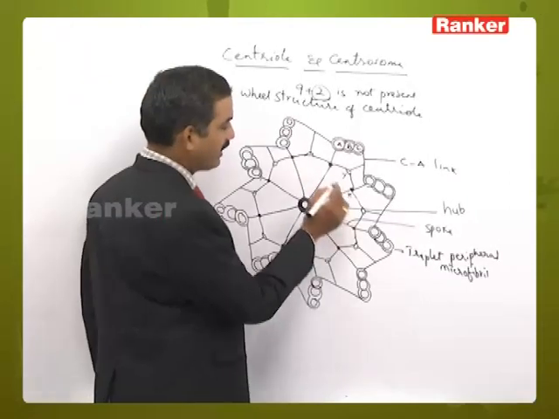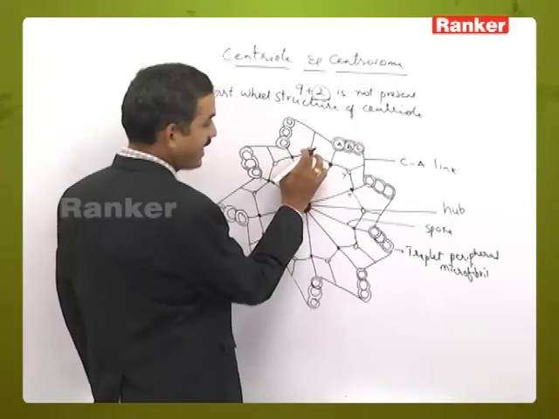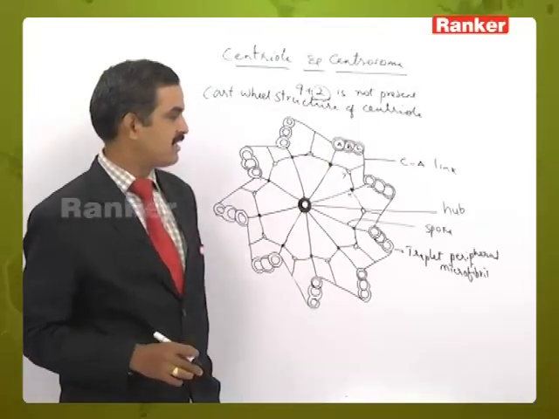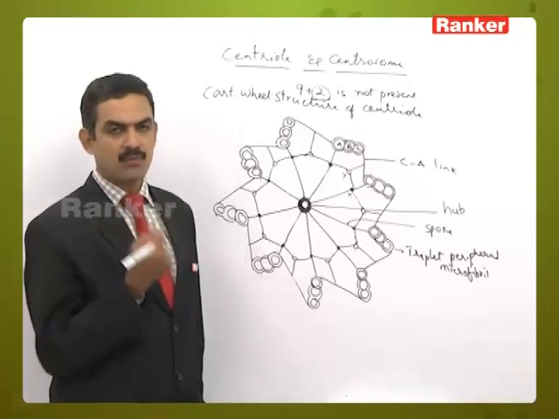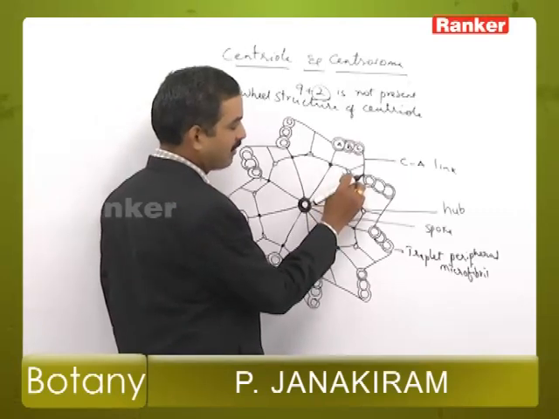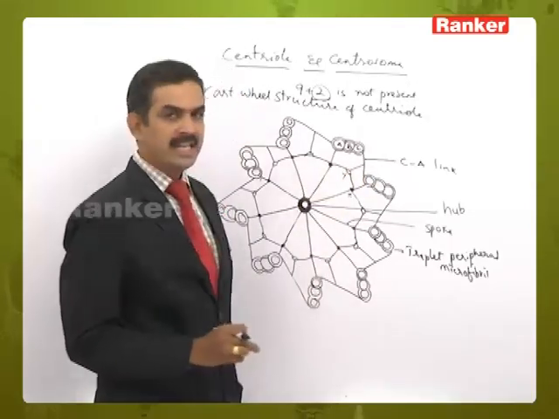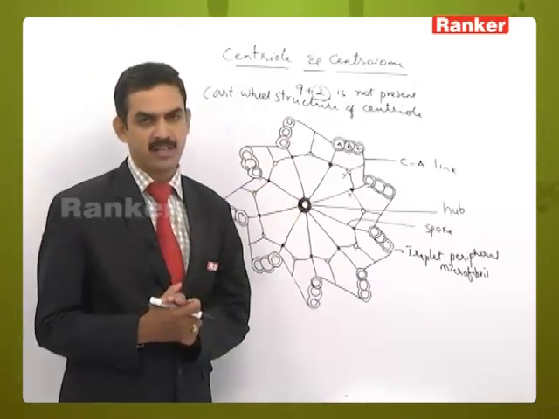The X thickening is connected to the Y thickening, and the Y thickening is connected to the CA link. The CA link connects the C microtubule of one peripheral fibril to the A microtubule of the adjacent microfibril, and the X thickening is connected to the A microtubule of the filament. So this entire structure appears like a cartwheel-like organization.